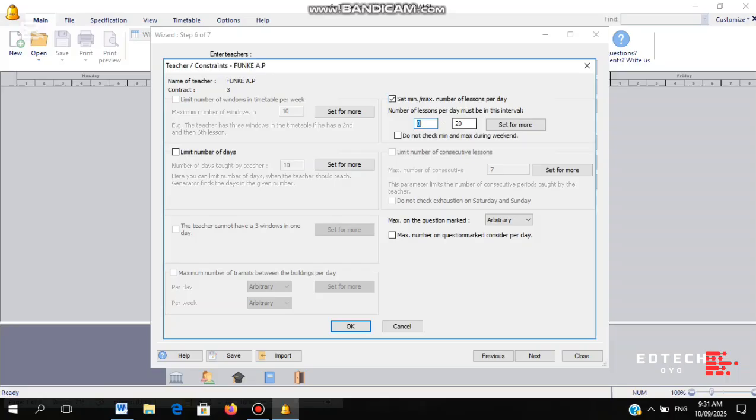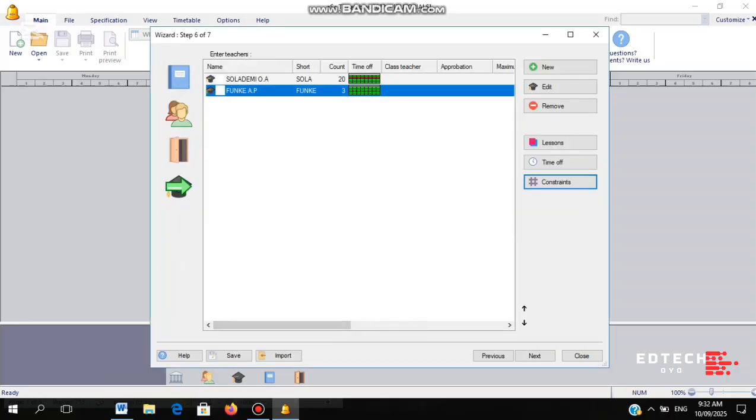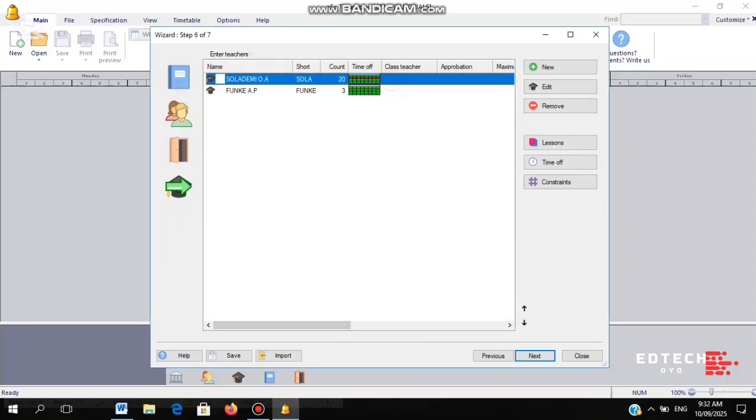So you have to put the limit there that this person must not do more than 4 or 5 per day. You can do minimum of 1 or 5, or you can put 0 there. You get now? So that is the essence of that one. So you will do it for all the subjects.